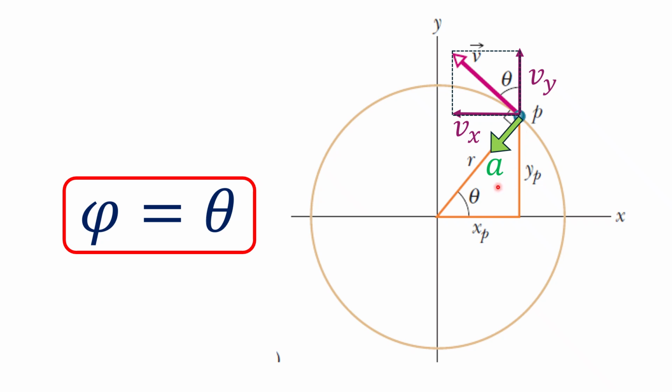Here we have established theta is equal to phi, which means that it is directed along the radius r towards the center of the circle, as we wanted to prove.